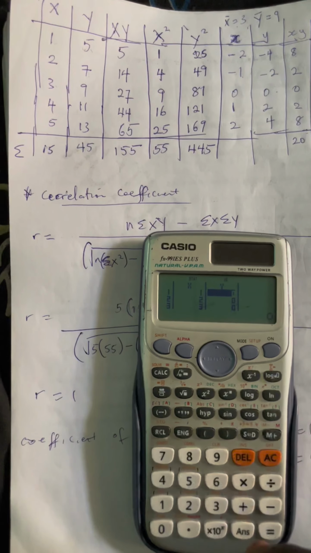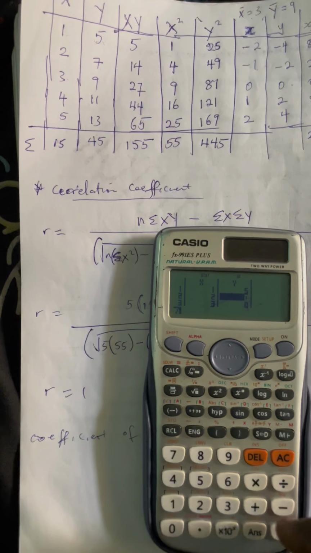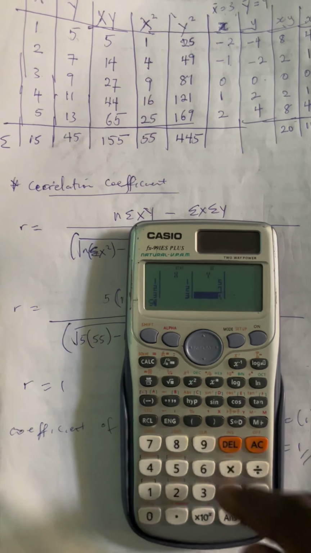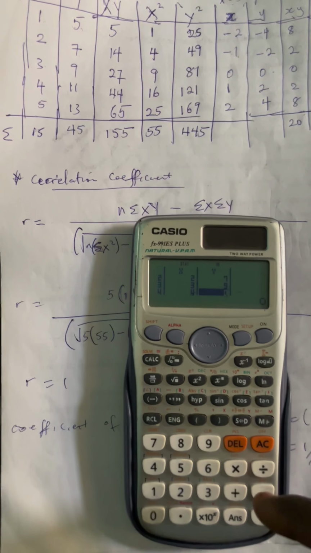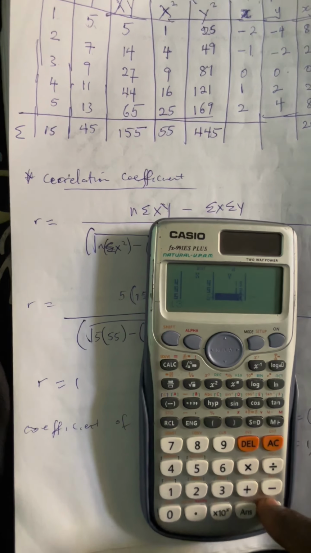Then come to under y. We have 5 equals to, we have 7 equals to, we have 9 equals to, we have 11 equals to, and we have 13 equals to.